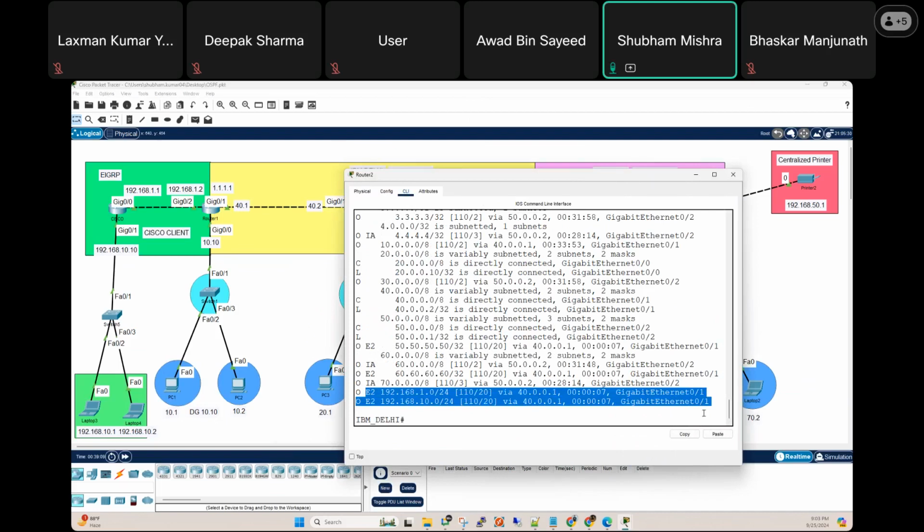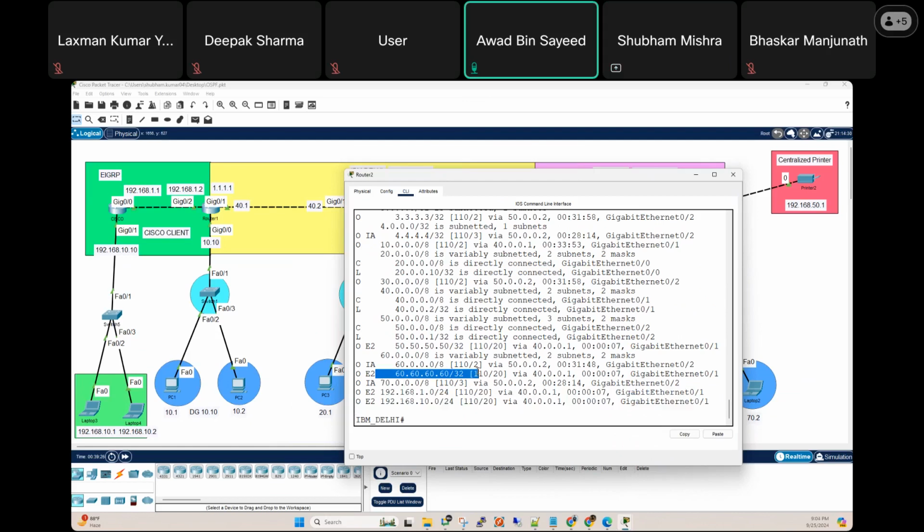It is showing 66 in E2, and 60.60.60.60 and 50.50.50.50 also.